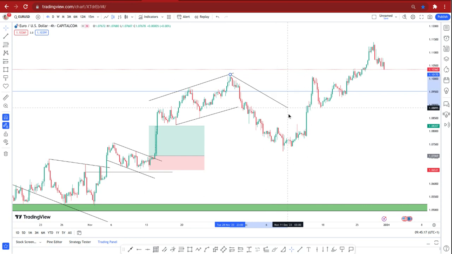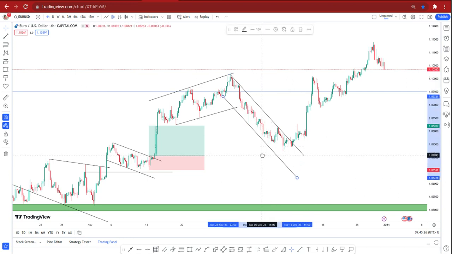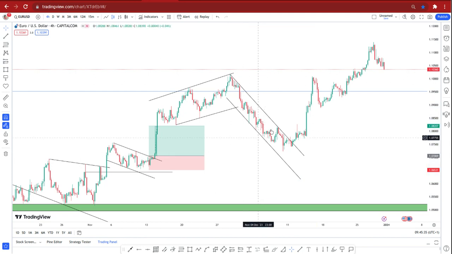This here is the one I'll be interested in. I won't be interested in this. Why? Because I'm buying, so I don't want to see an ascending. I only want to see a descending so I could buy.